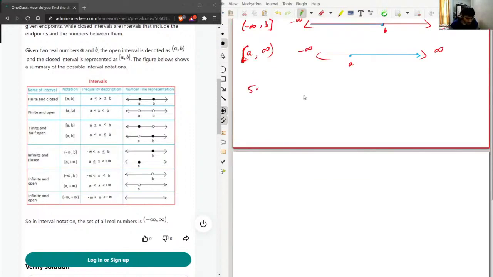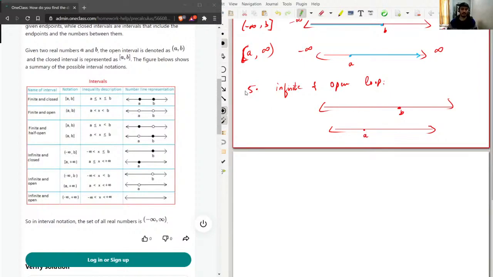This is going to be the fifth one. For the fifth one we have infinite and open. Again we'll have two number lines here. First one will go with b, second one will go with a.